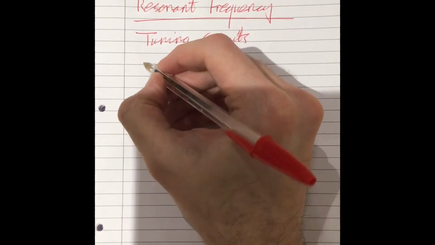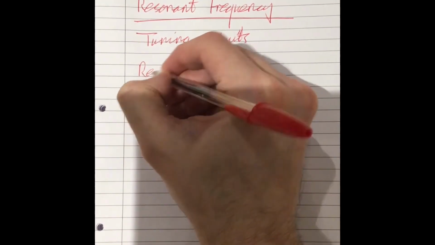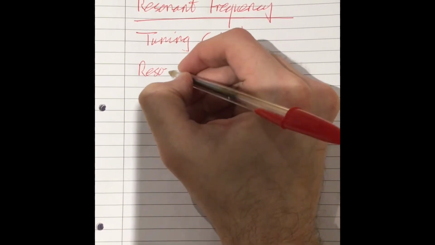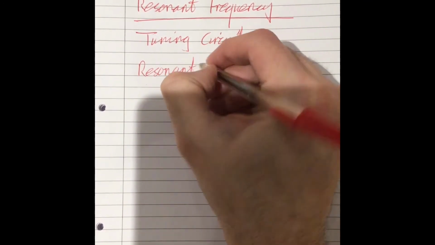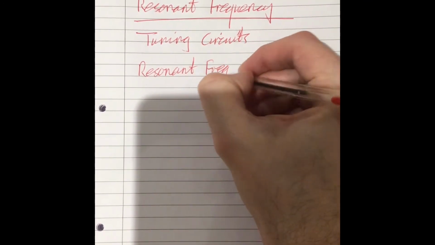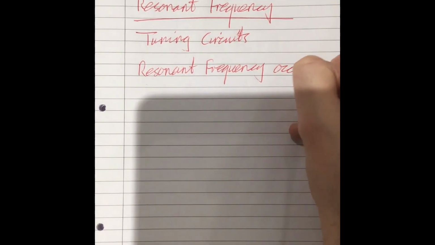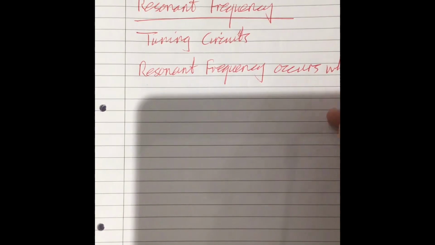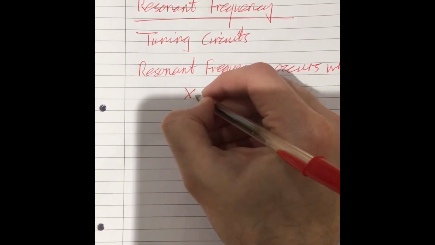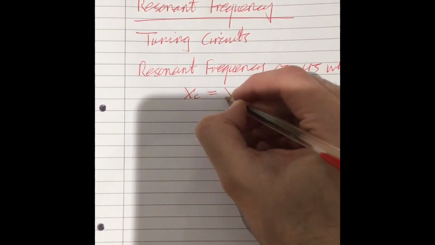The resonant frequency occurs when, you're going to love this bit, yes, you guessed it, XC equals XL.